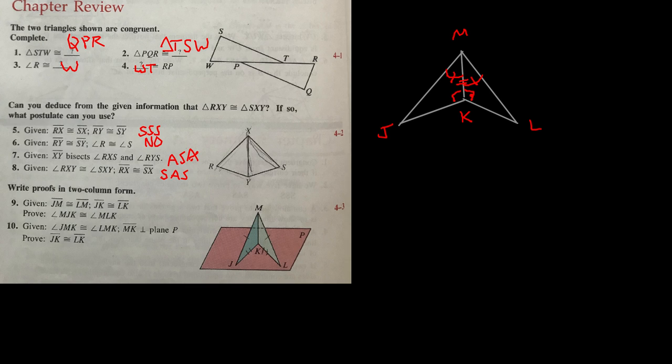We would say these two angles are congruent because right angles are congruent, so it would be angle, side, angle. The triangles are congruent by ASA. And then we would say JK is congruent to LK, and that would be CPCTC. All right, next page.